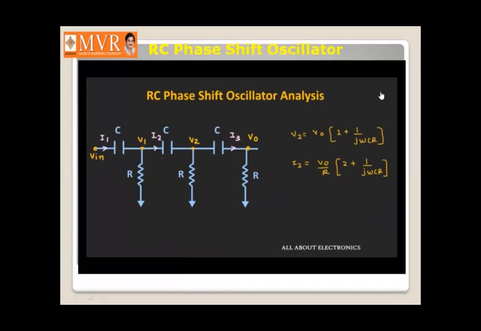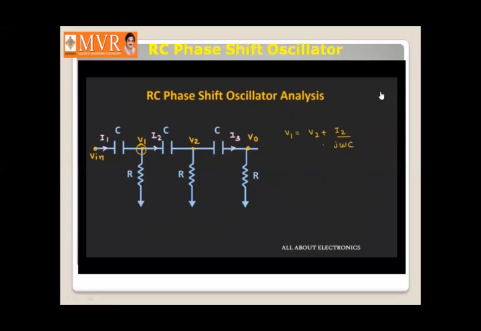Similarly, at this node V1, let us find out the expression of V1 and I1 in terms of the output voltage Vout. So at this node V1, we can write this voltage V1 as V2 plus I2 divided by j omega C. That is the drop across this reactance XC. Now we already know the value of this V2 and I2.